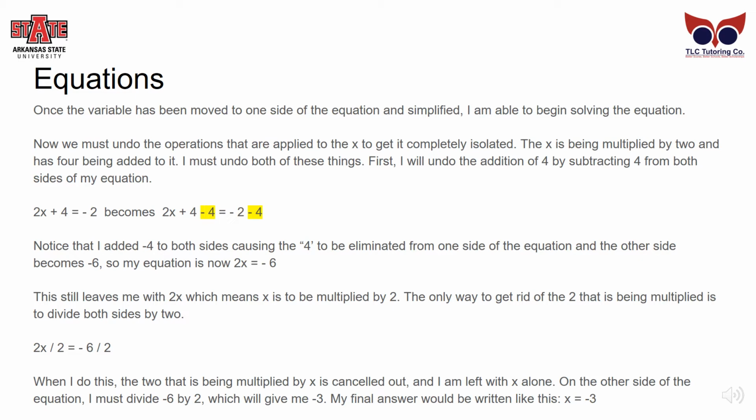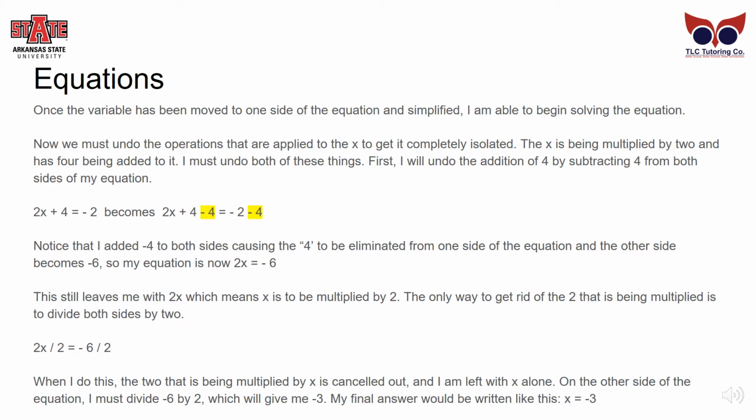I must undo both of these things. First, I will undo the addition of 4 by subtracting 4 from both sides of my equation. 2x plus 4 equals negative 2 becomes 2x plus 4 minus 4 equals negative 2 minus 4.